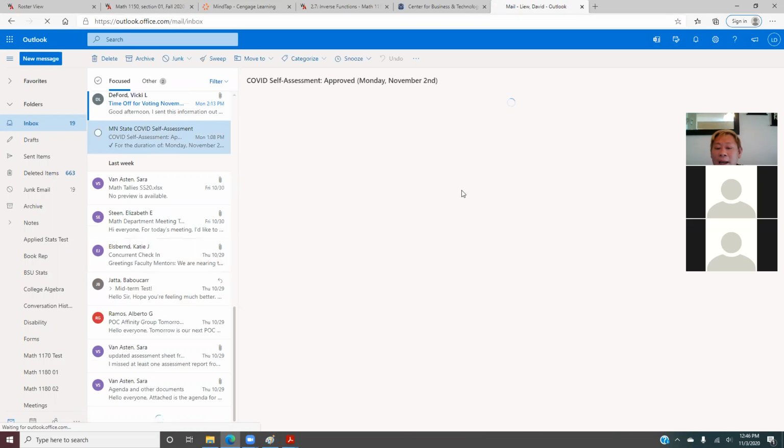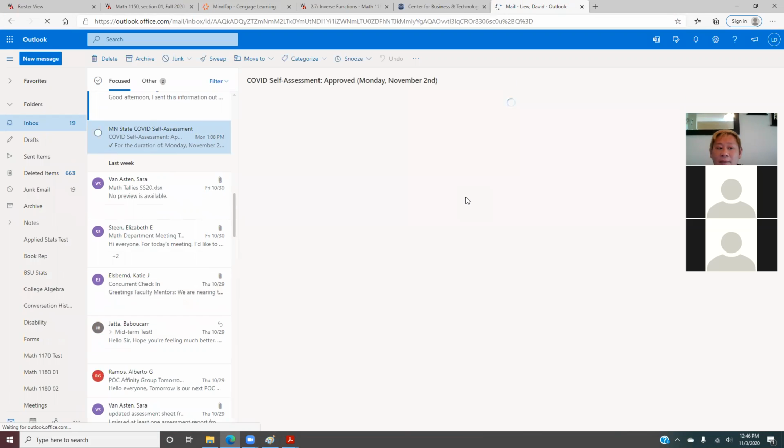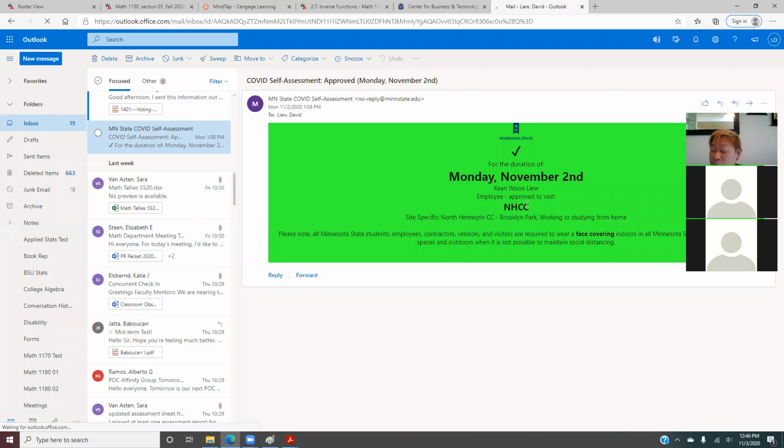So this is what it looks like once you pass the test. This email, the green one, make sure you have this, show this to the security, and then use your picture ID. Make sure you know your Star ID. They need your Star ID to log in, so make sure that you use the Star ID to log in in this case, and show this to them, and they will let you go in. Okay, this is how they know if you passed the self-assessment. Make sure you bring a picture ID in this case.